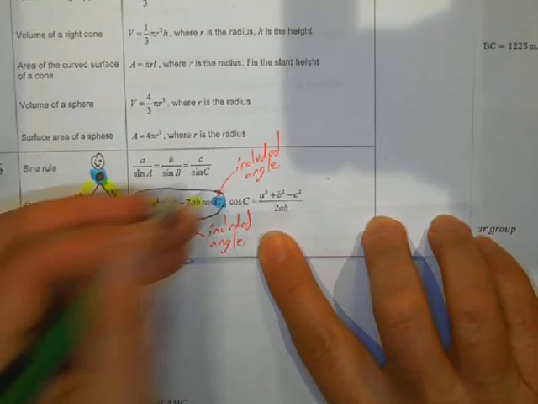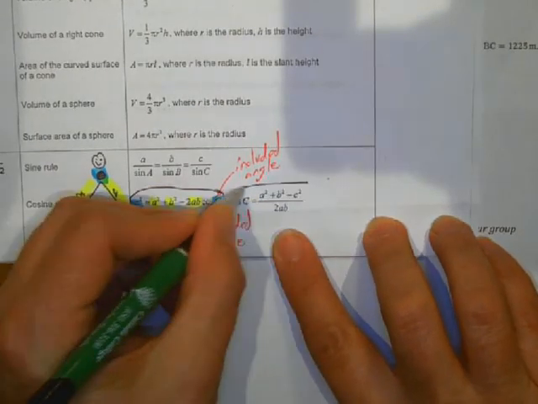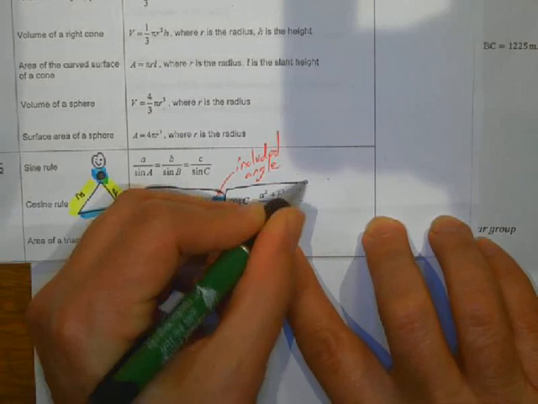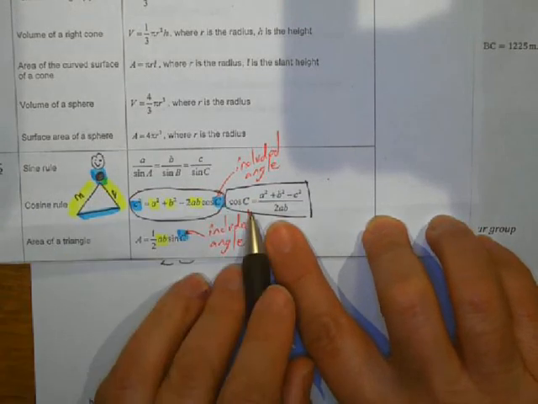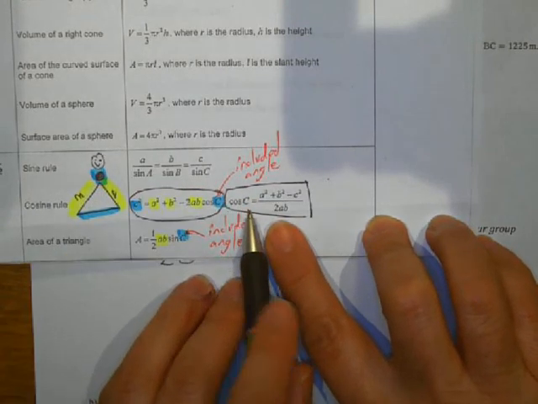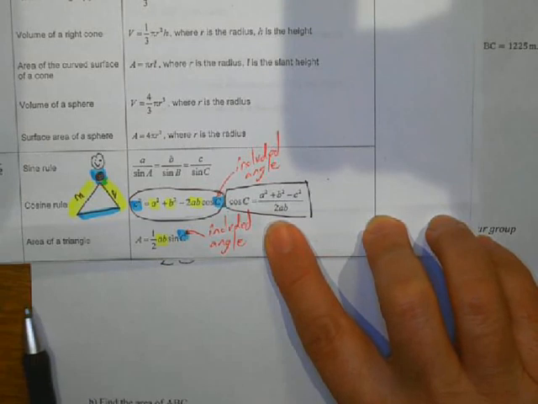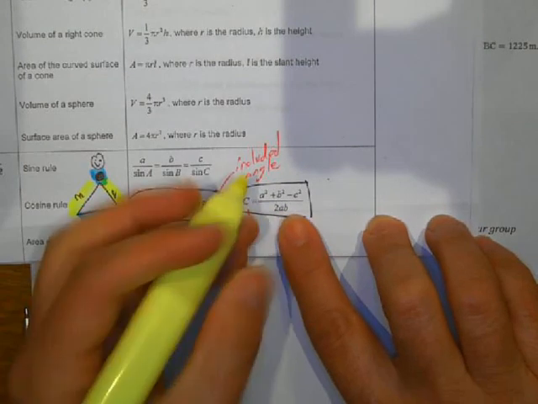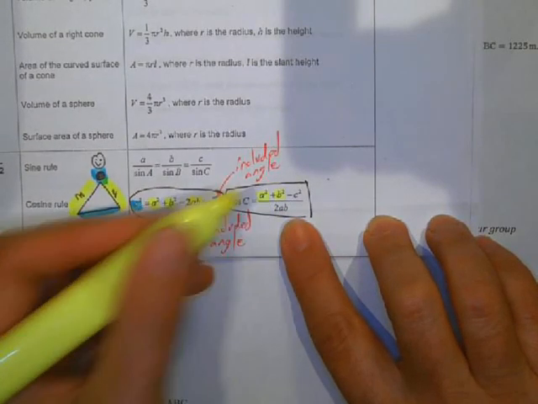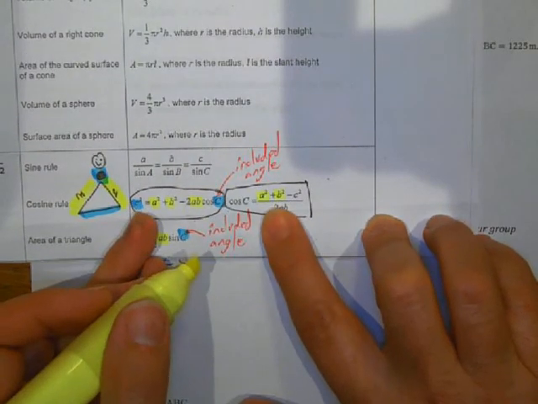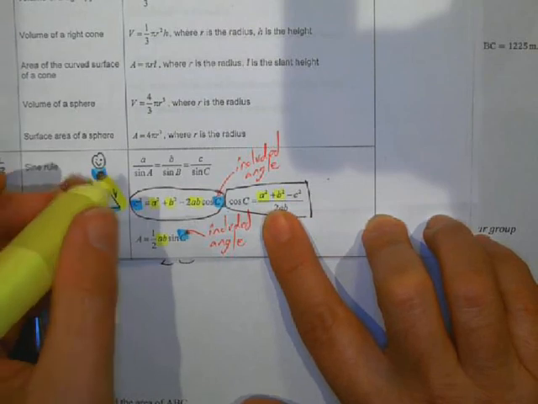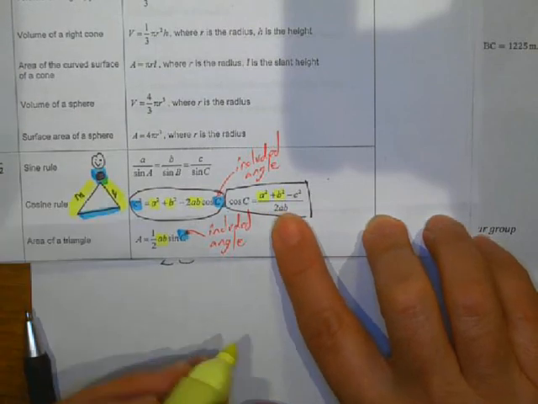So if we're trying to find that angle, now we're going to use this formula here, and it's just the cosine rule rearranged to find the angle. Notice there's an a squared, a b squared, and a c squared. The ones that are positive are the ones on either side of the angle we're working with.